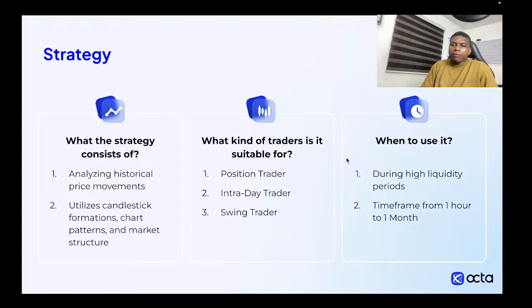It is suitable for position traders, intraday traders, and swing traders. When is it useful? It is useful during high liquidity periods and on time frames from 1 hour to 1 month.